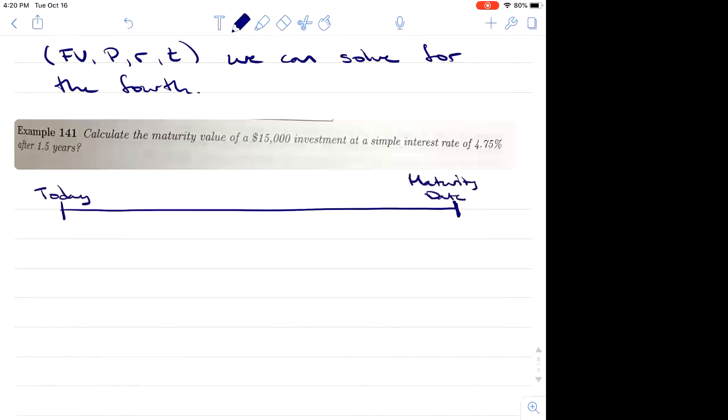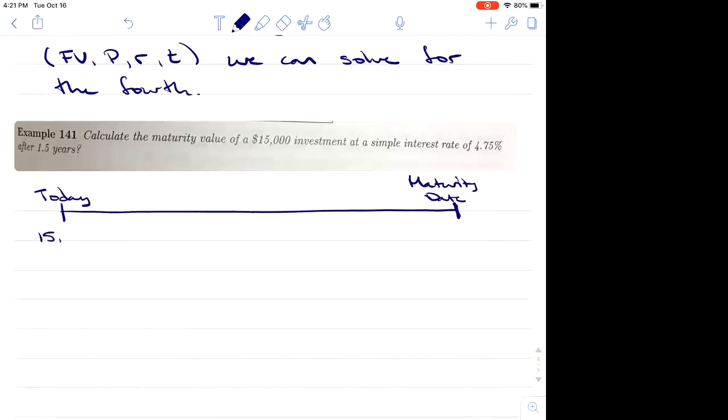So we're told that the 15,000 is the principal amount. Below today, I'm saying that I'm going to invest 15,000, and then I'm going to draw an arrow from that to the maturity date.